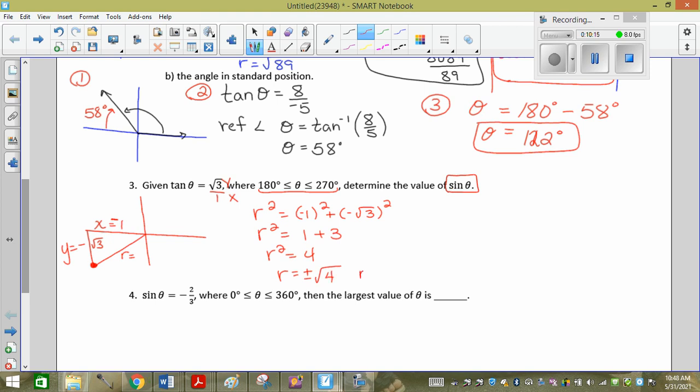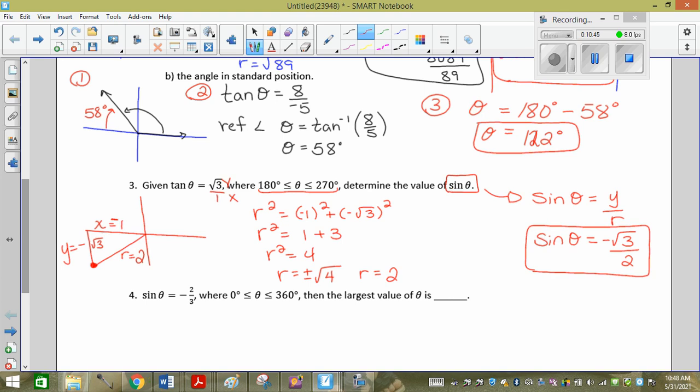But r is always positive and root 4 is 2. So r equals 2. And then I can find sine theta. Sine theta equals y over r. So sine theta equals negative root 3 over 2.